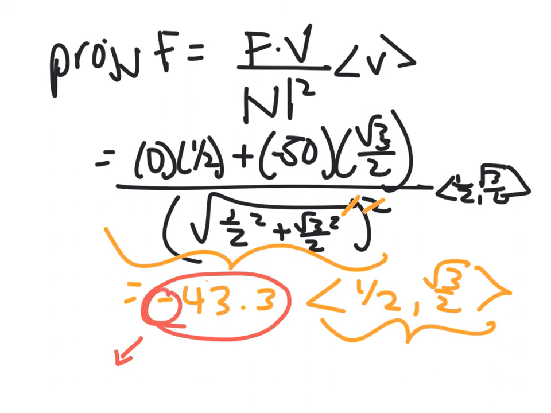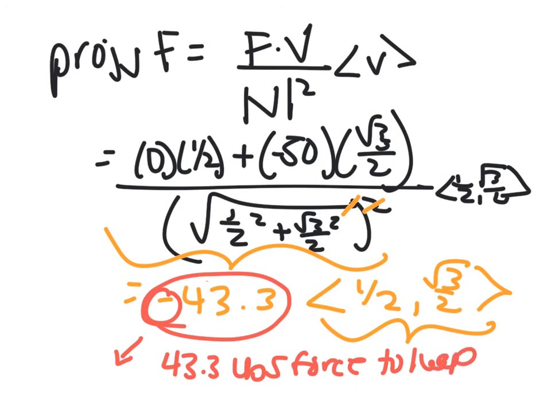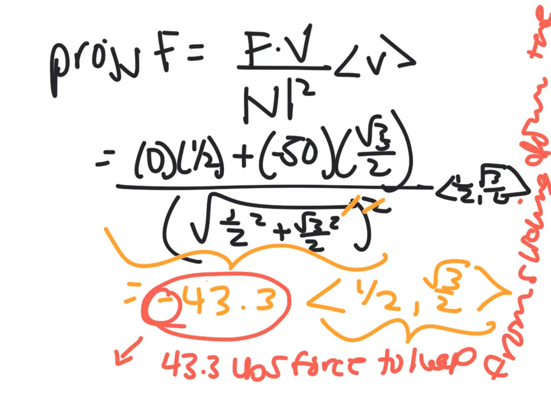The negative is just the direction. So it's going to take 43.3 pounds of force to keep her from sliding down the hill.